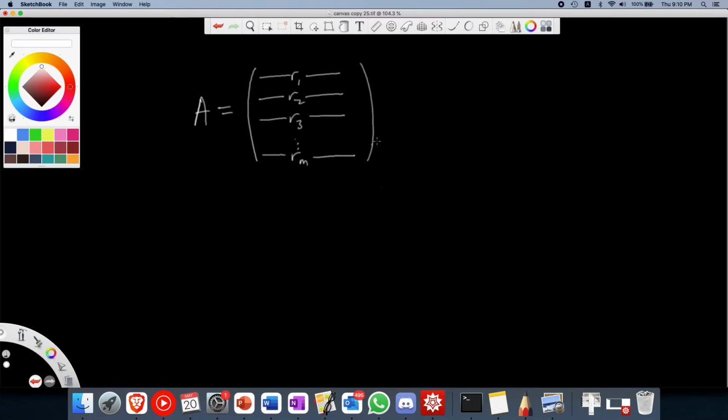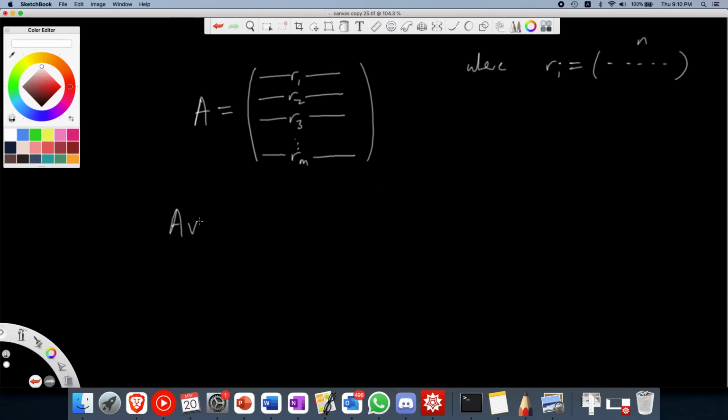So what this means is that our matrix A can be written as rows, where each row r_i equals something something something n.